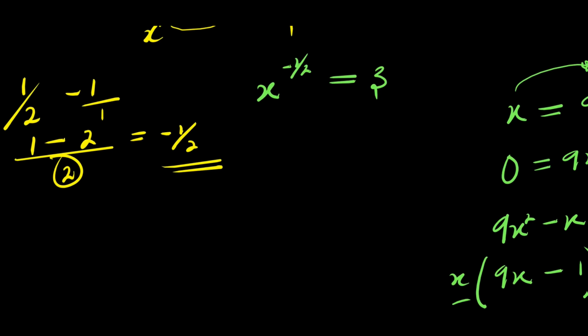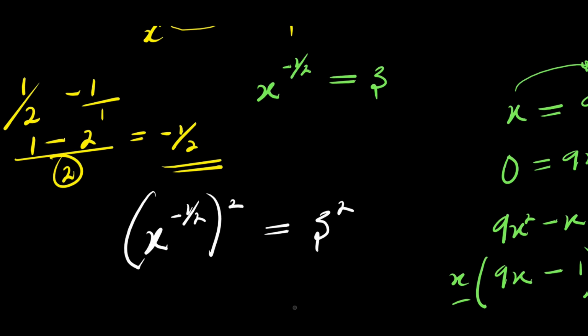So right now, what we are going to do will be to raise each part of this equation to the power of 2 in order to eliminate this negative 1 over 2. Have x power negative 1 over 2, I'll raise this to the power of 2 equals 3, I'll raise it to the power of 2.